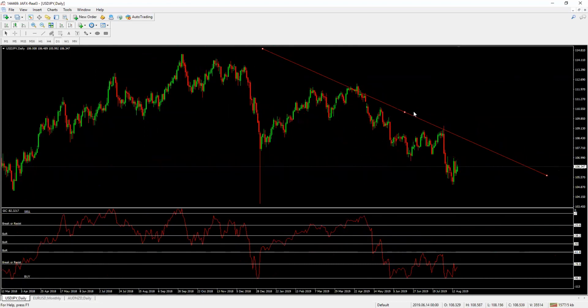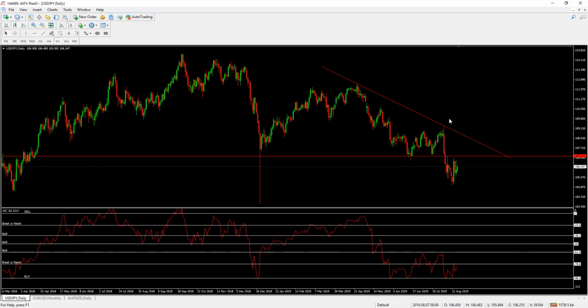Sorry. There you go. Cool. So now that is fixed up, I'm going to plot just off of my eyeball, knowing where we have a resistance area.